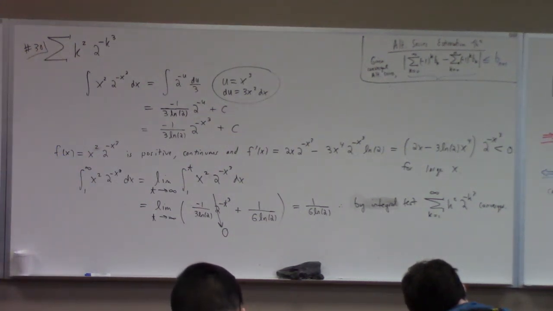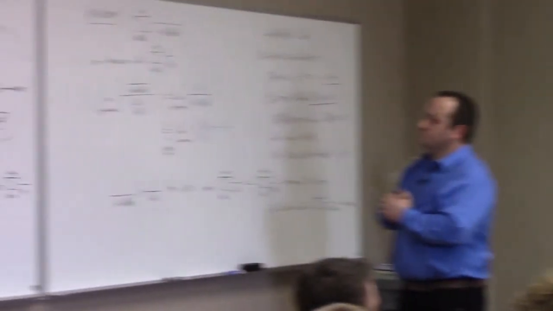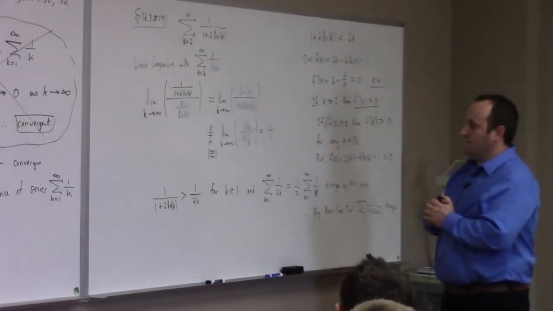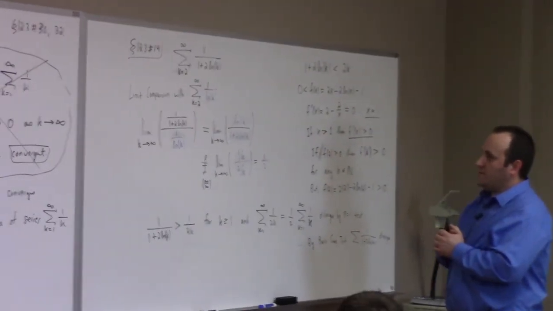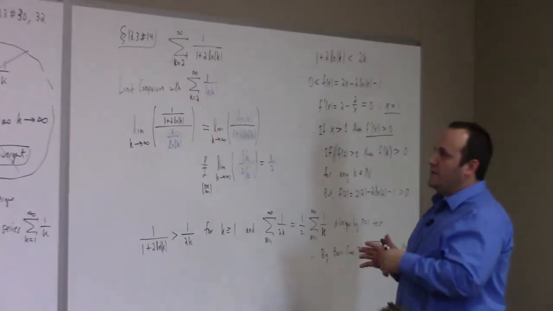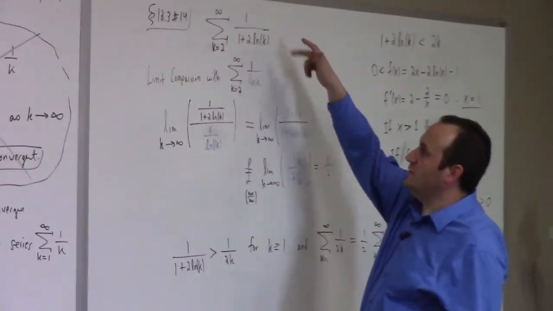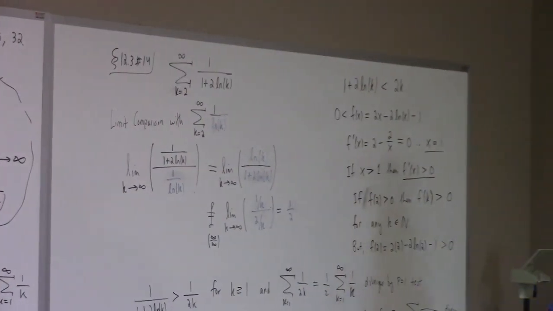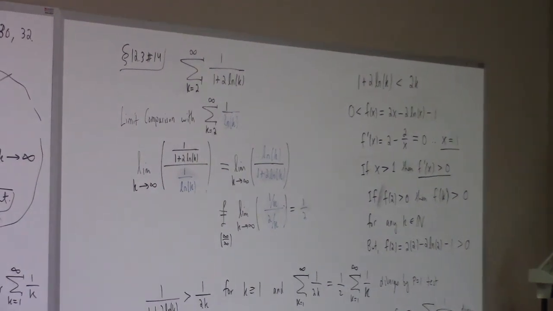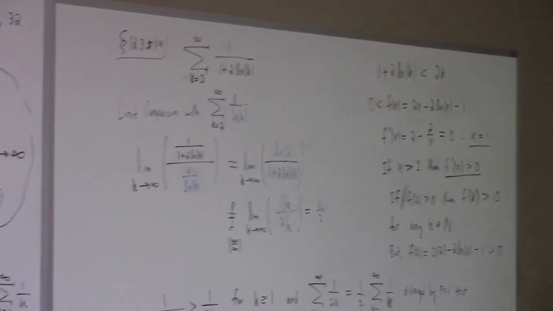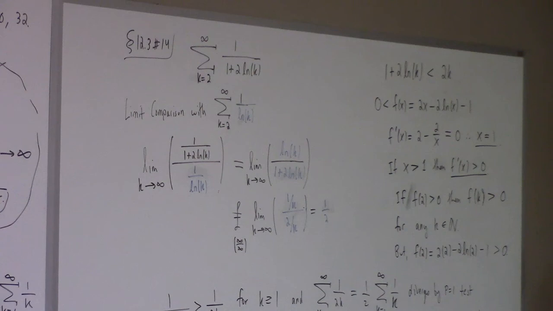Now, somebody asked me about number 14 in the earlier section, number 12.3. Number 14 was 1 over 1 plus 2 natural log of k. I tried a few different things there. I tried to do the limit comparison to something relatively simple.